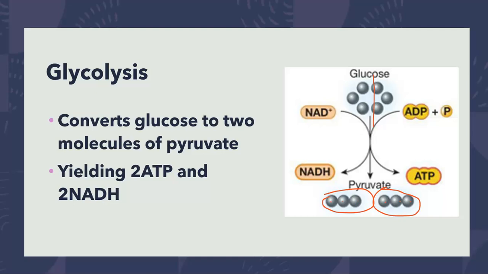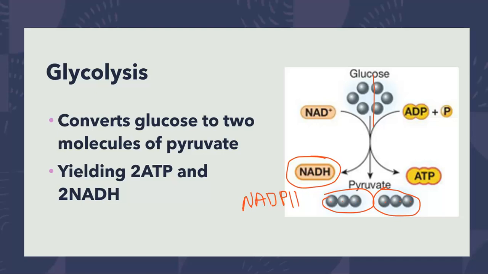Glycolysis is actually 10 separate chemical reactions. During these reactions, going from glucose to our end product of pyruvate, we're going to store some electrons in a molecule that we call NADH. This sounds pretty familiar to the NADPH of photosynthesis.